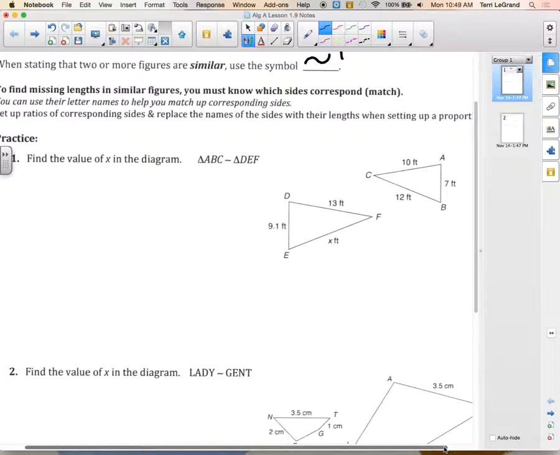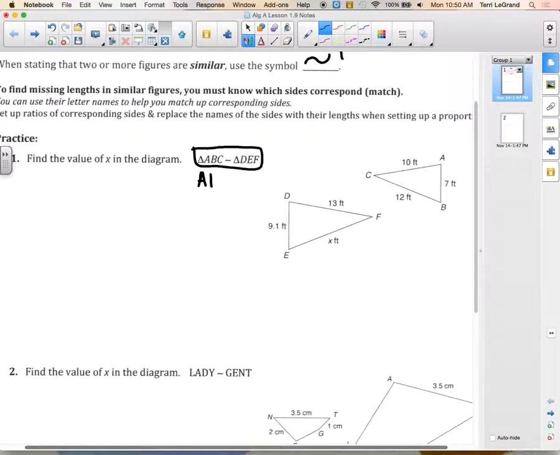Yeah. Okay, good. So we're going to set up ratios of corresponding sides, and we're going to replace the names of their sides with their lengths. Okay, so let's just do that first of all. We have right here, it says that we have triangle ABC is similar to triangle DEF. So give me a pair of corresponding sides from those two triangles. Julia?